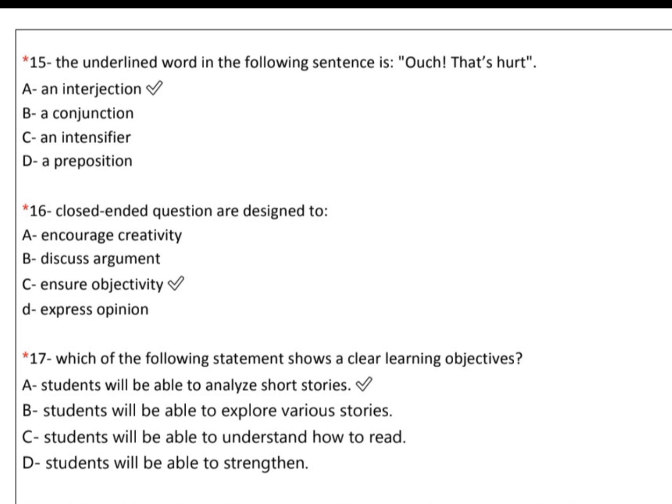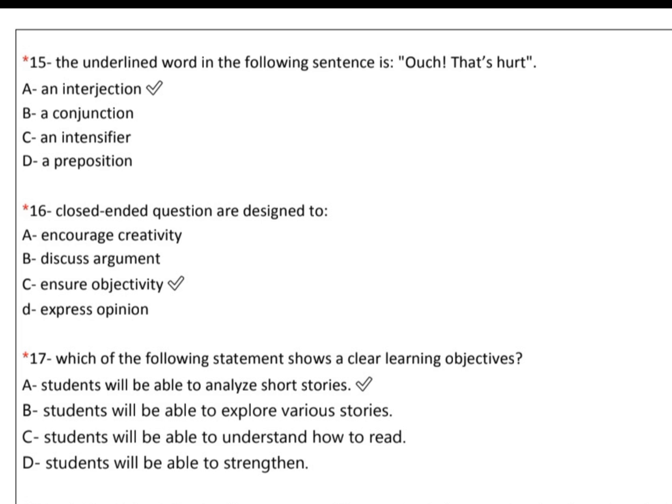16. Closed-ended questions are designed to: A. Encourage creativity. B. Discuss argument. C. Ensure objectivity. D. Express opinion. 17. Which of the following statements shows a clear learning objective?